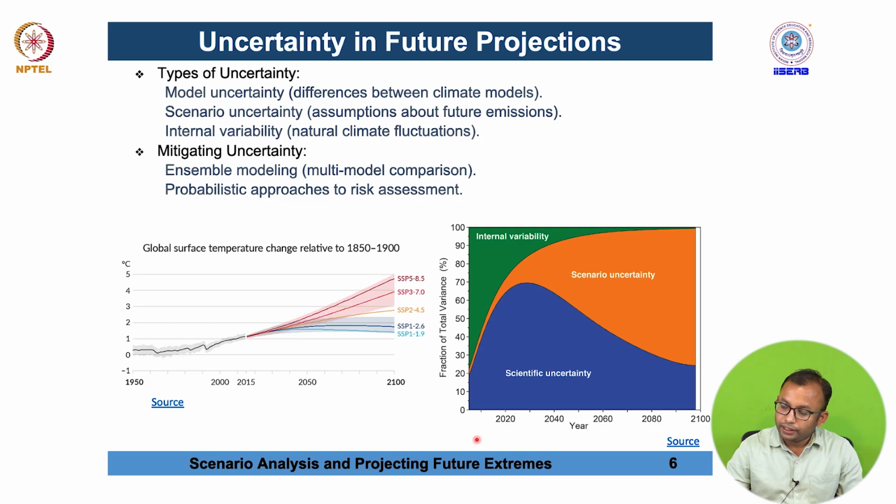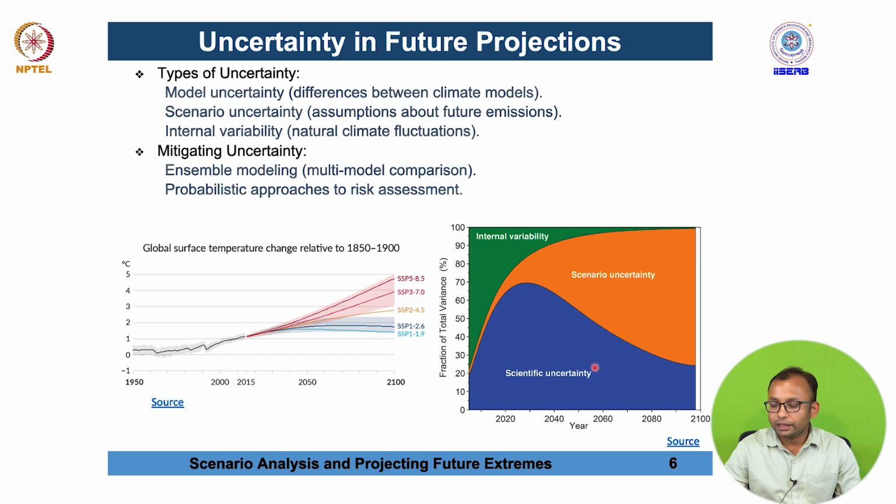There is another figure here which tells us that when you are looking at near future events or projections, primarily the internal variability and scientific uncertainties are predominant. But when you move away from the near future conditions, the scenario uncertainties are the ones which primarily dominate the system, plus some sort of scientific uncertainties.